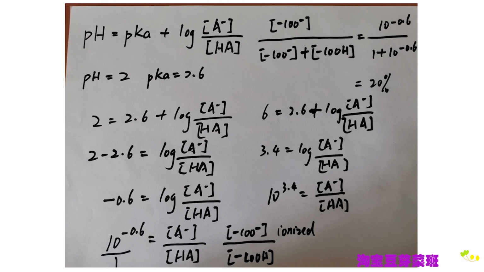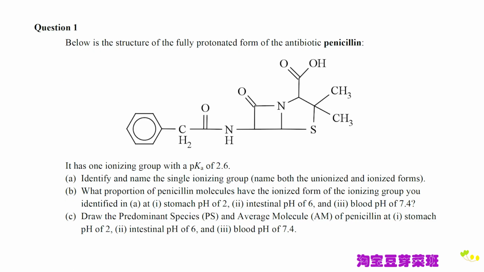Under this condition, we assume the aqueous solution is completely the ionized form, so it's completely deprotonated. So the ionized form of the ionizing group is 100% under this condition. Needless to say, the pH of 7.4 is also 100%.